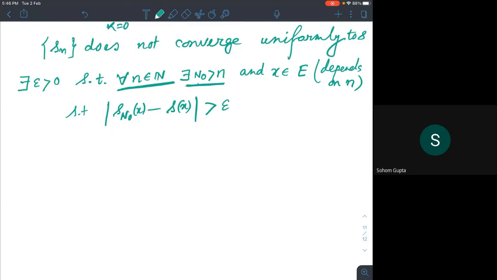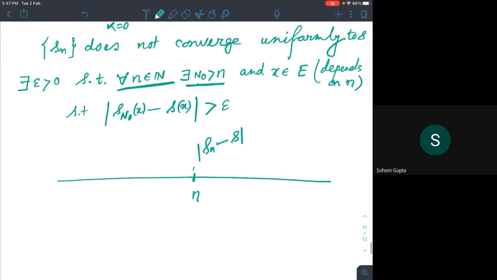So suppose this is small n. At this point you have the difference Sn minus S, whatever x is. Now at this point this may not be greater than epsilon, but somebody else.